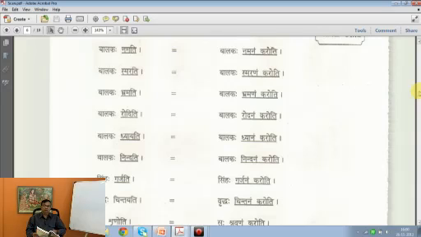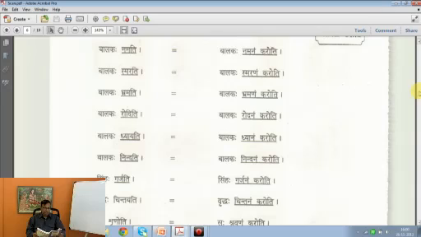Karoti, karoti, karoti. This is a kind of simplification in the beginning for the beginners. So balakaha roditi, balakaha rodanam karoti. Balakaha dhyayati, balakaha dhyanam karoti. We take the same verbal form and then make it a noun and use it with the karoti.